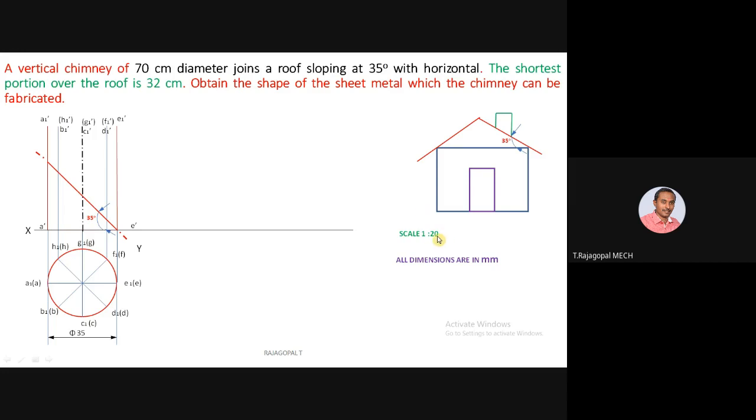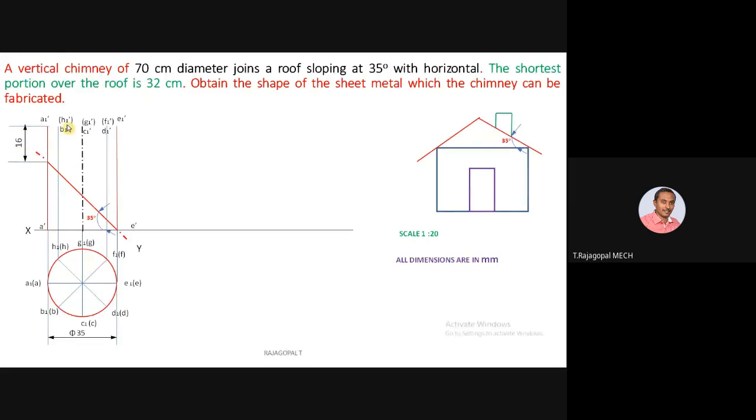The scale we have chosen is 20. 32 divided by 20 is 1.6 centimeter, which means I have to take 16 mm above this section plane on the shortest portion of the roof. All dimensions are in mm, so I have to write 16 mm.